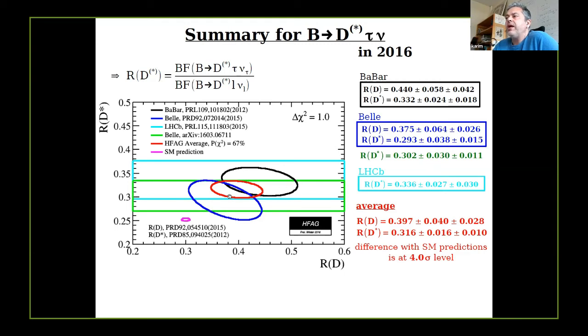So you see quite a departure from the standard model of this RD star value from BaBar. So Belle has also a result with the same hadronic tag method in blue here, and sees also some less pronounced, but also some departure from the standard model.